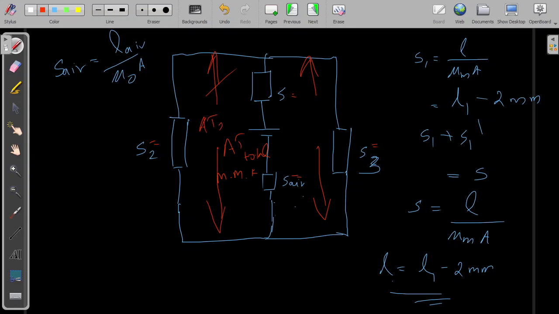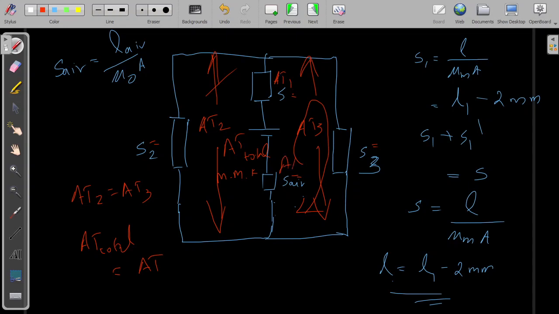That means AT2 will be equal to AT3. So you can take this one loop only. So AT total will be equal to AT1 plus AT2 plus AT3. In this manner you can calculate AT total.